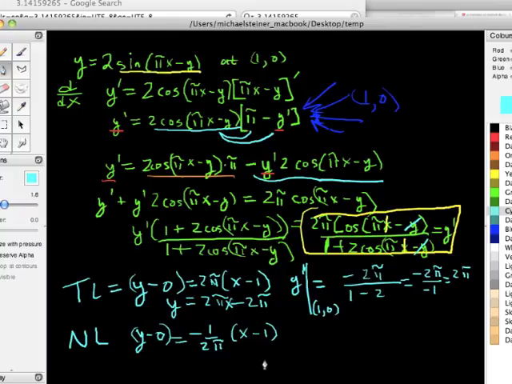I don't know what it has in the back of the book. I guess I don't have time to look, so let's see if I can find it. This is section 3.7.